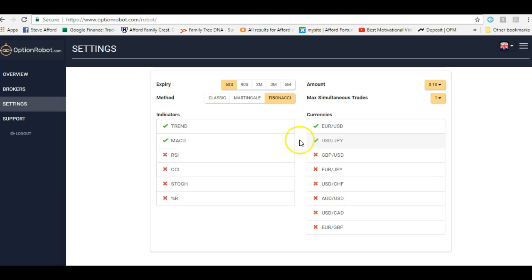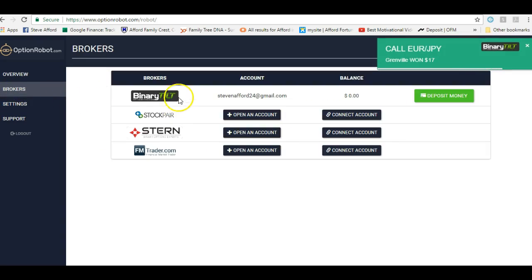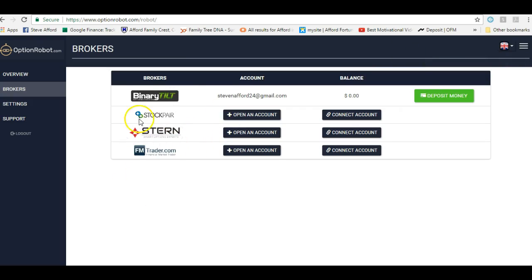Now, depending on which broker you're with, I suggest that whenever you sign in with one of the brokers, you sign up only with the brokers that have been recommended by the software. These are the only brokers I'm allowed to use here in Australia.